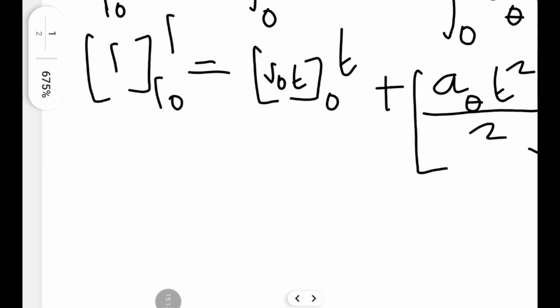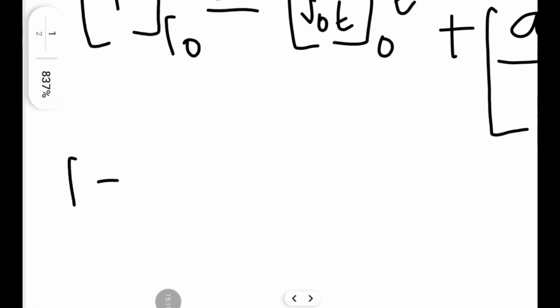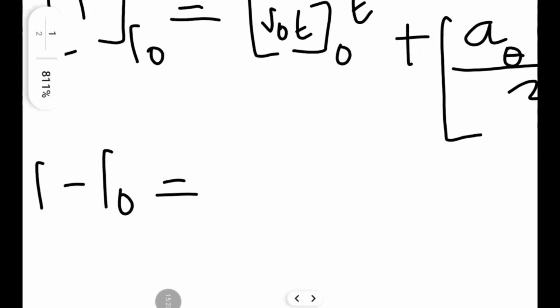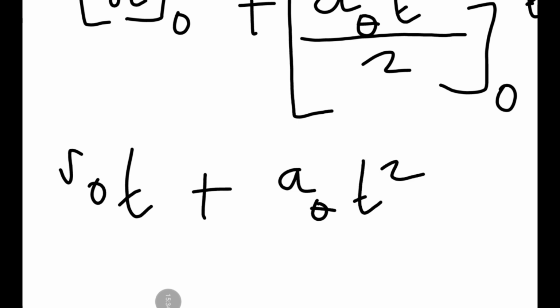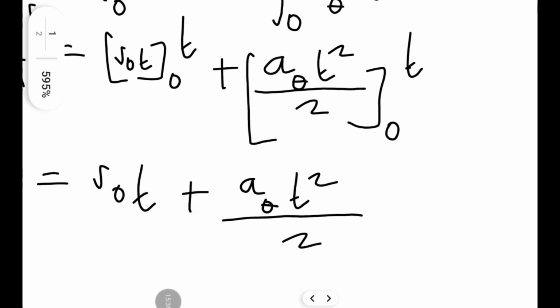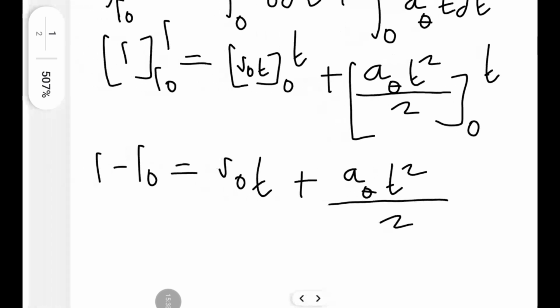Then you get the format r minus r0 is equal to v0t plus a theta t squared over 2. You can see this is basically SUVAT we're deriving. So this is the displacement along the actual incline.